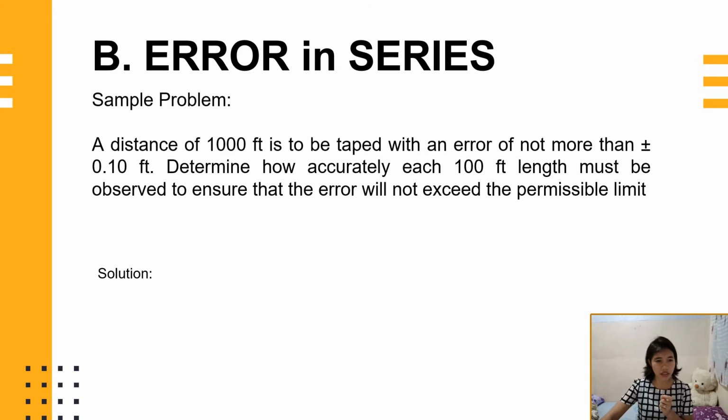So, this is another example. We have here a distance of 1,000 feet to be taped with an error of not more than 0.10 feet. Determine how accurately each 100 feet length must be observed to ensure that the error will not exceed the permissible limit.